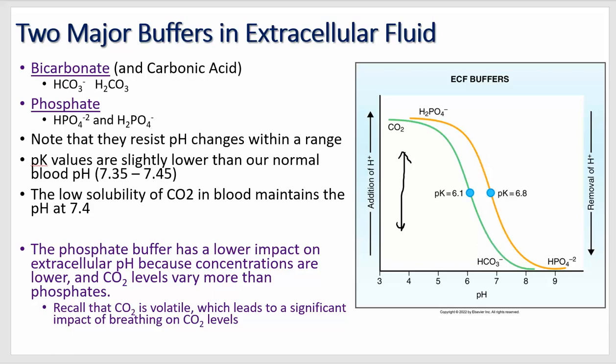All right, now if we look at this, we can see that this is not our normal pH. Our normal pH is over here in this area, and really that has to do with the bicarbonate and carbon dioxide levels that we maintain in the blood. And there are other buffers that are also present that help this out.